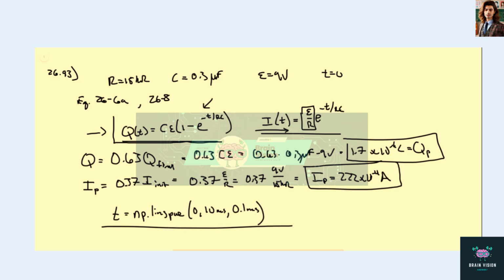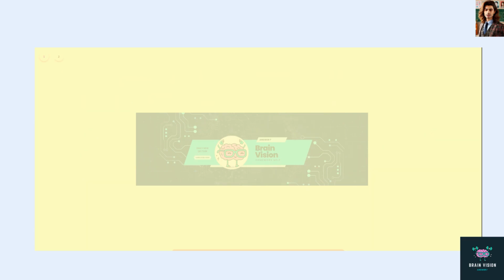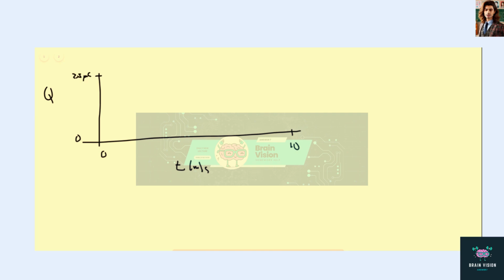So I'm going to go ahead and sketch what the plots are going to look like here. Let's draw this charge versus time plot. This is time in milliseconds, 0 to 10. And this is charge at 0, and up here is 2.5 microcoulombs.